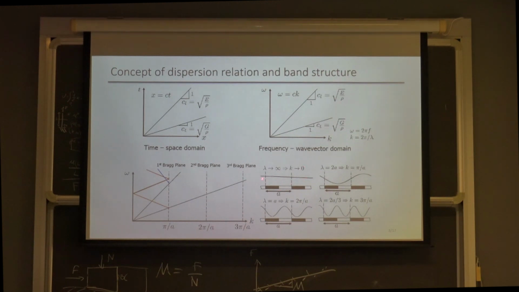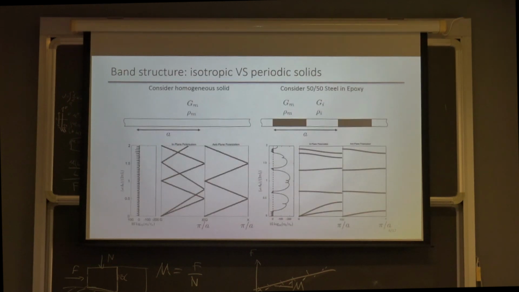Of course, if my wavelength is very large, or the wave number is very small, then I go to the long-wave limit, and I will not feel that I have any periodicity. If the wavelength approaches the lattice size, then of course there will be dispersion. It's not shown here, but you will see it, for example, on this plot.